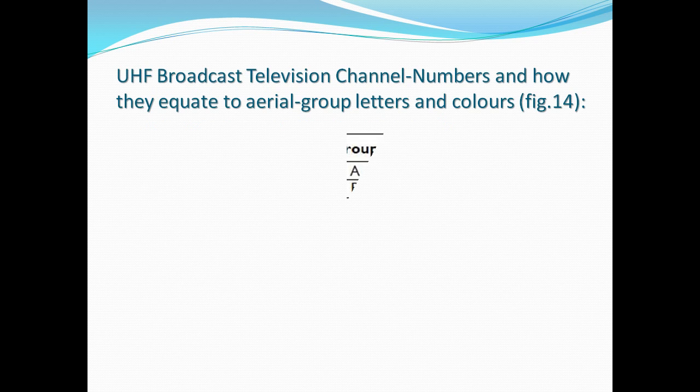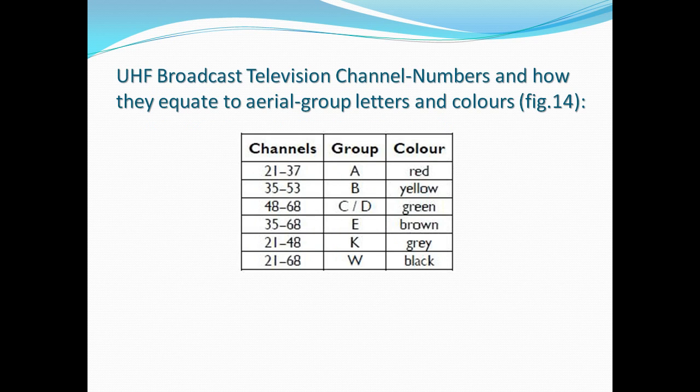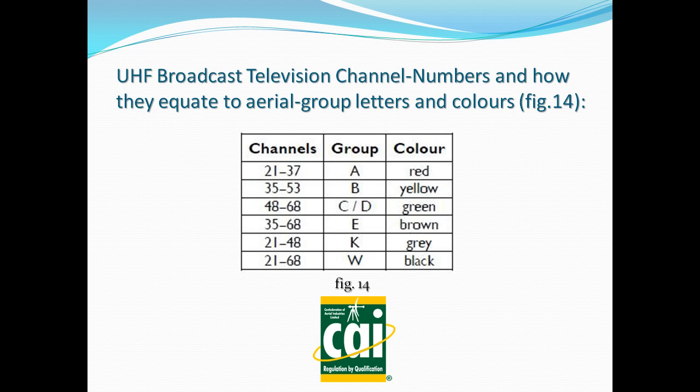UHF broadcast television channel numbers and how they equate to aerial group letters and colours, as shown in figure 14. Channels 21 to 37 are covered by aerial group A, which is colour-coded red, which means a Yagi-Uda array aerial for this part of the UHF spectrum will have a red plastic bung at the end of the aerial's boom to denote group A. Channels 21 to 27 constitute UHF band 4.